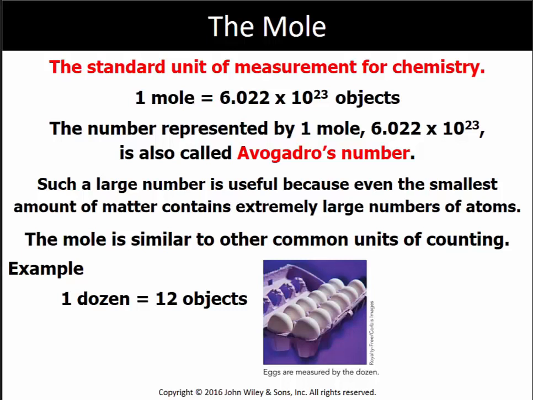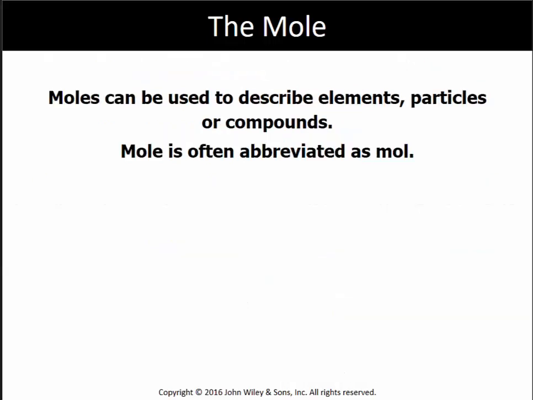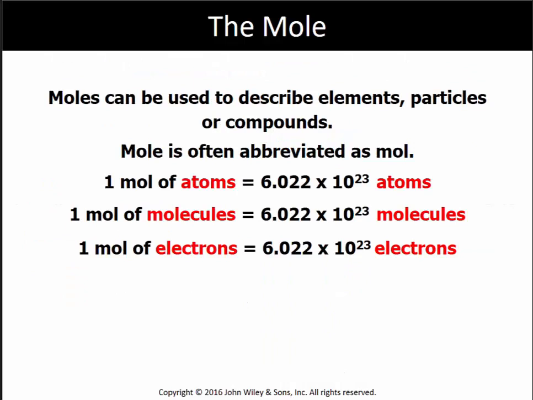This number is a huge number, but also keep in mind that atoms and molecules are extremely small. So again, just to show you that the mole, we're going to use it to count atoms, molecules, electrons, ions, and regardless of the unit that you're looking at, 1 mole of any unit contains 6.022 times 10 to the 23 of that unit.